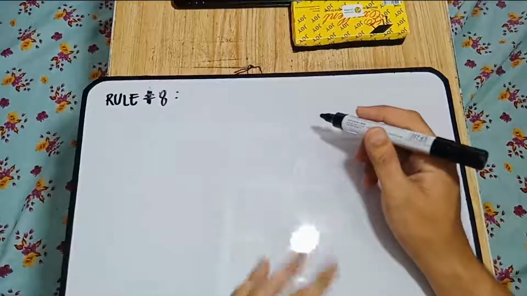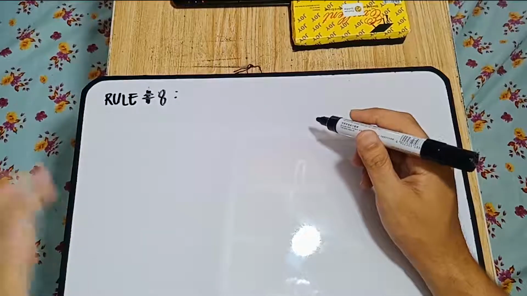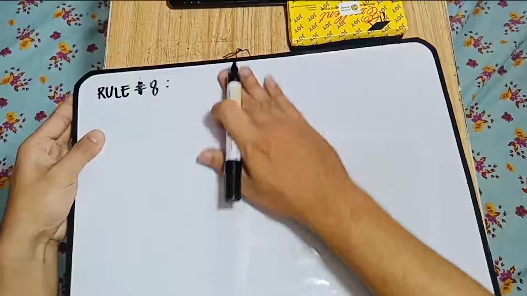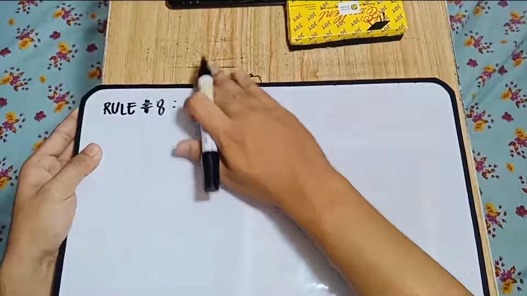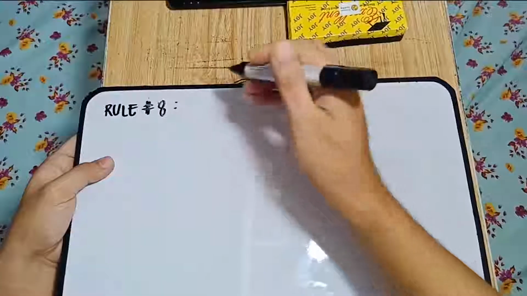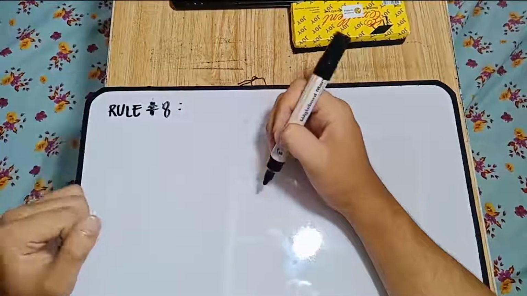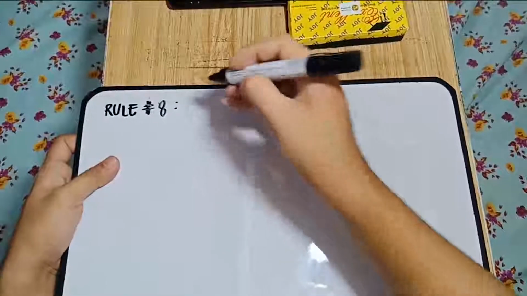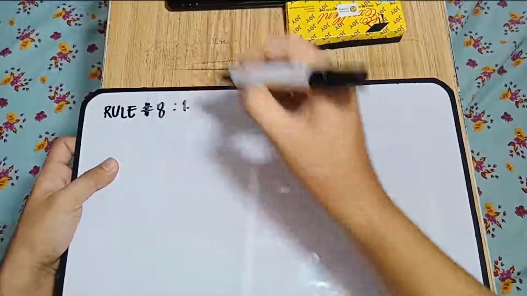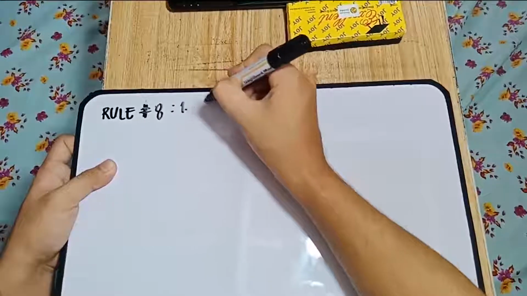Rule number 8 is the chain rule. Now, ako kasi, para sa akin, dalawa yung chain rule. So, meron tayong chain rule na gagamitan ko ng power rule and then yung chain rule ng composite functions. So, unahin ko nga yung sa power rule. So, sabihin na natin rule number 8.1.